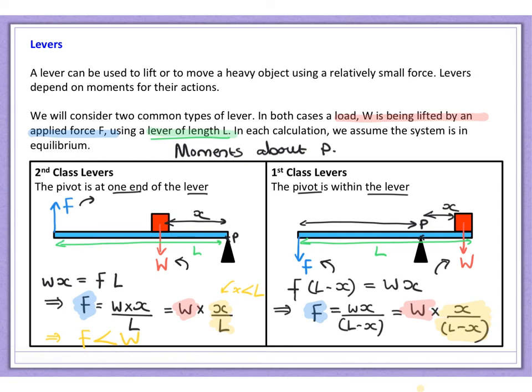So that's dependent on your pivot being closer to the load. Now, if x becomes larger, i.e. the pivot moves closer to where your force is being applied, then there is a danger of x over L minus x becoming a number that's too large, and this will make F too large.